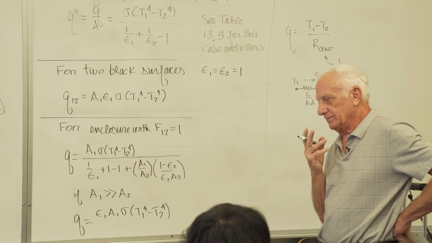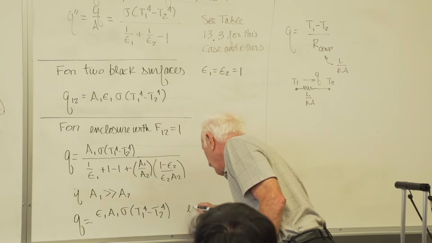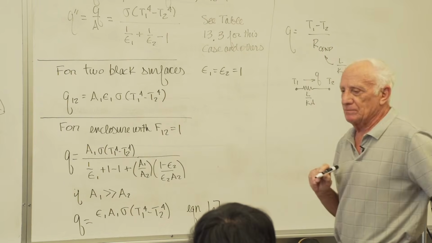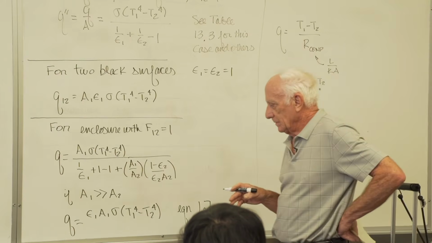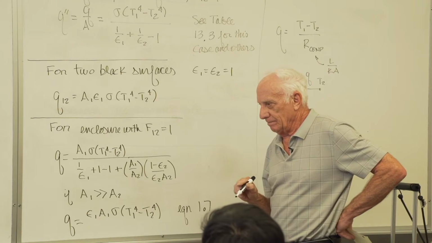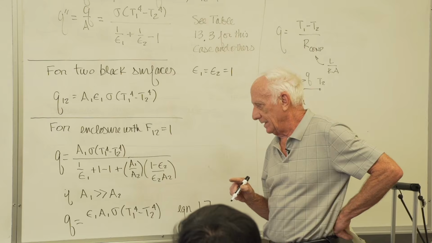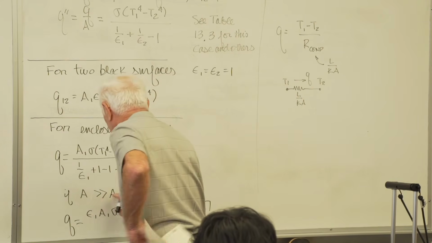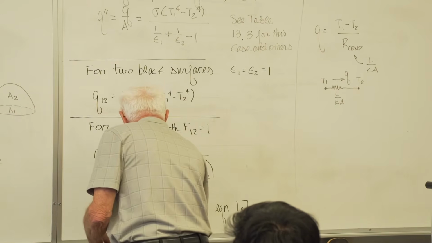Back in chapter 1, this equation appears, by the way. We said in chapter 1, for a radiation problem, you might be able to use this equation, but only use it if A2 is a lot smaller than A1.